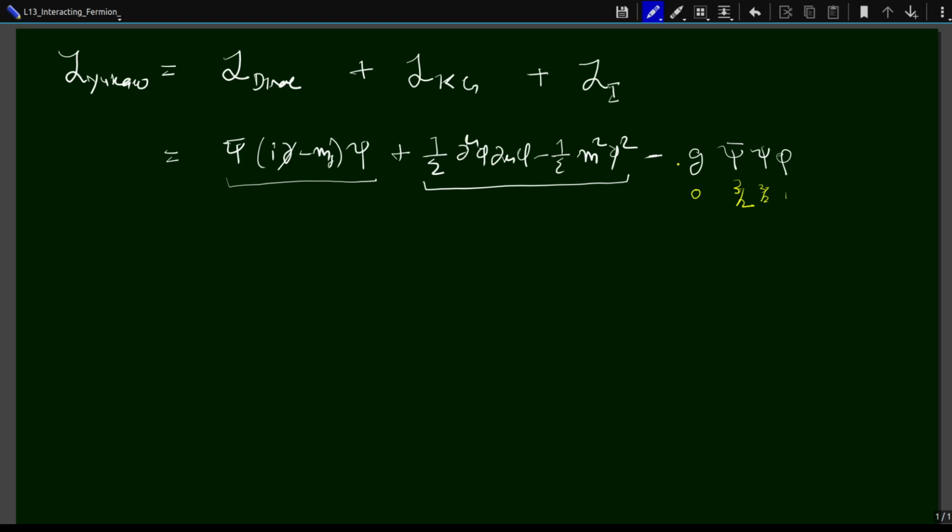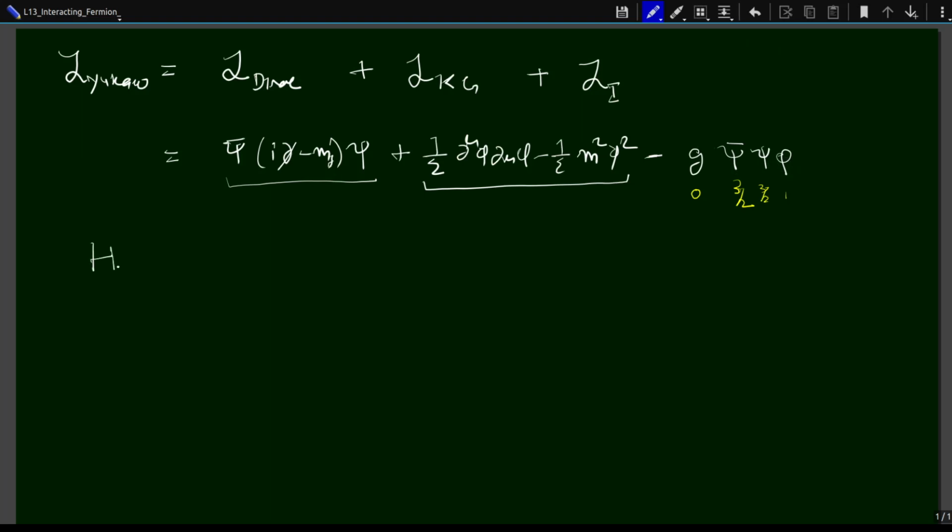So if this is the Lagrangian, then this is the potential term in the Lagrangian. When we write the Hamiltonian, let me just write the interacting Hamiltonian.